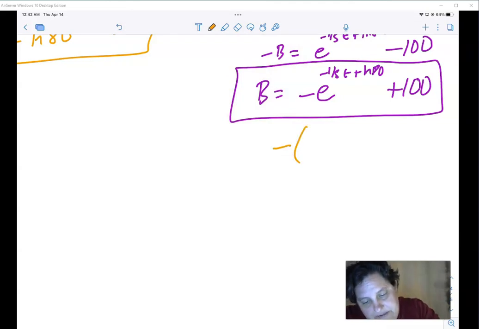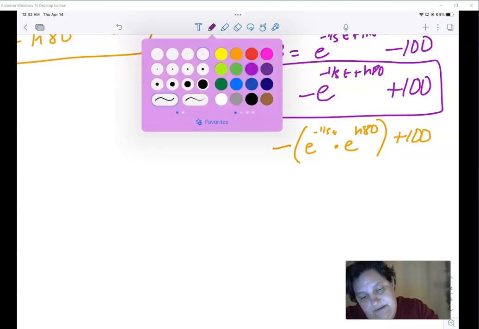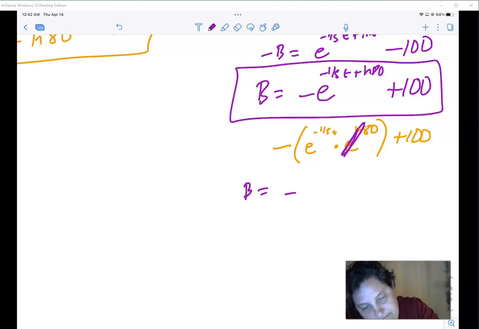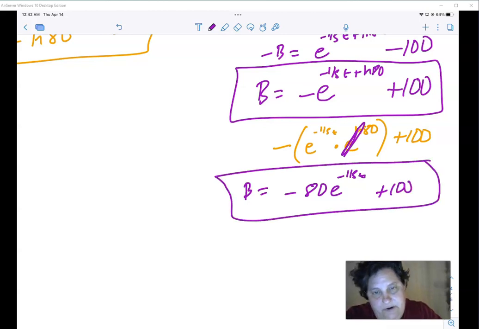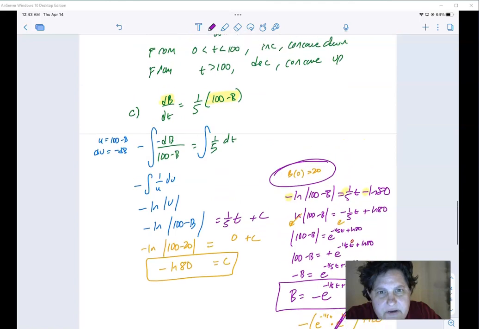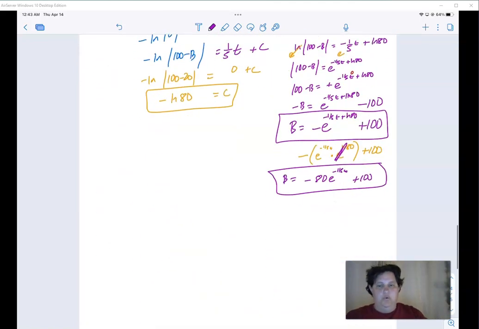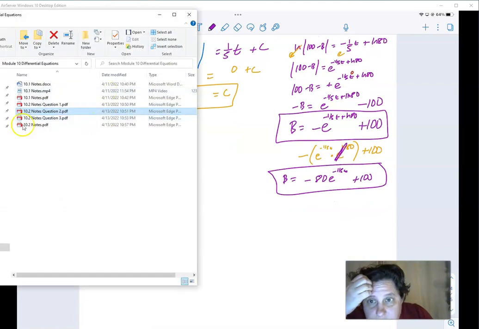Okay, let's just do this: e to the negative 1/5 t times e to the ln of 80. But e to the ln of 80 is just 80. So it's probably going to be written like this: negative 80 e to the negative 1/5 t plus 100. All right. Was I supposed to do something with that? No. Done. Okay, cool.